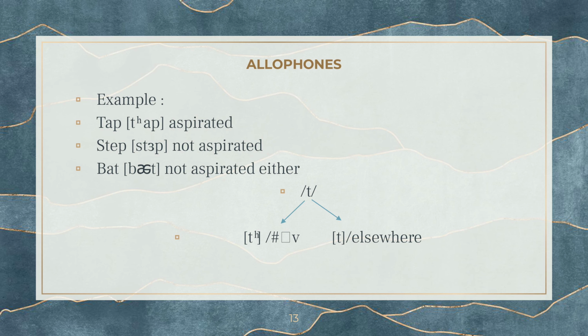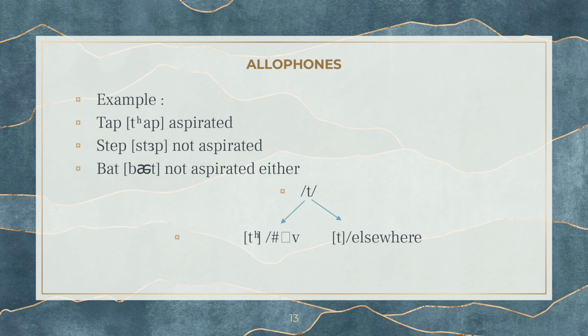Alright, we move to an example. I'll give you three words. The first word is tap, then step, and pat. In tap, T is followed by a vowel, so T is aspirated. For example, T becomes tap, ta.